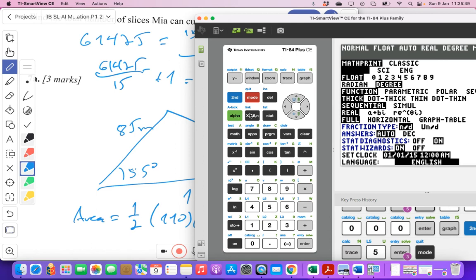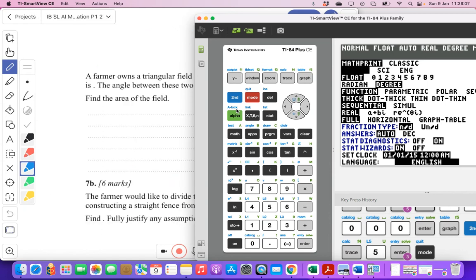Okay, so when I did that, I got an area of approximately 3,830 meters squared. Okay, same triangular field.